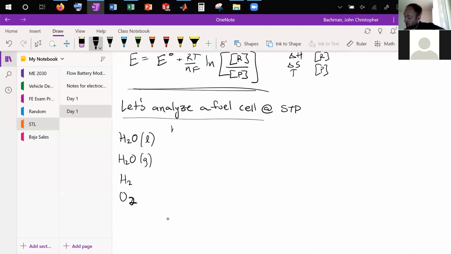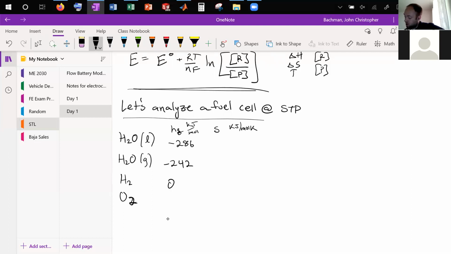And then we're going to have our enthalpy of formation in kilojoules per mole, and our entropy in kilojoules per mole Kelvin. And so we have negative 286, negative 242.